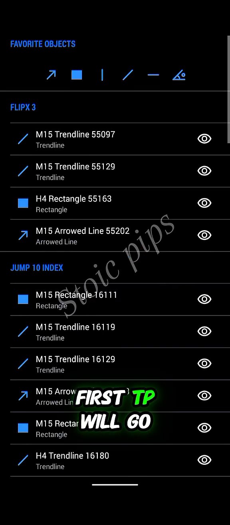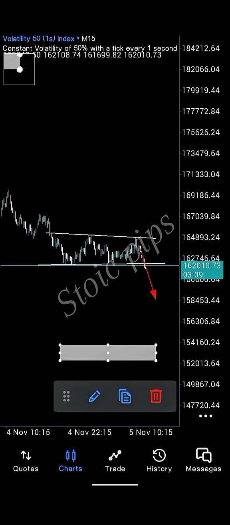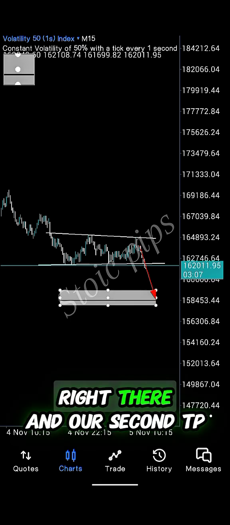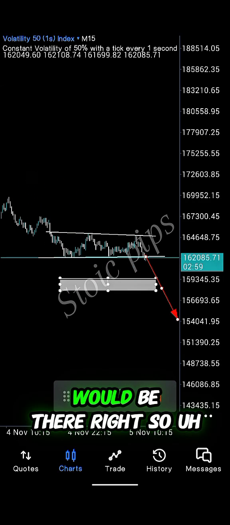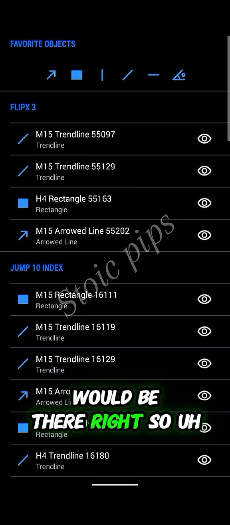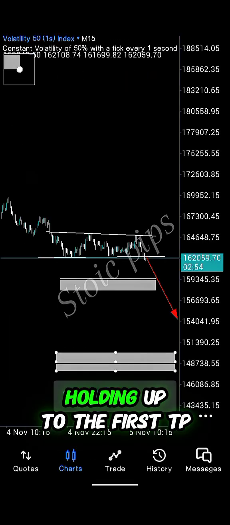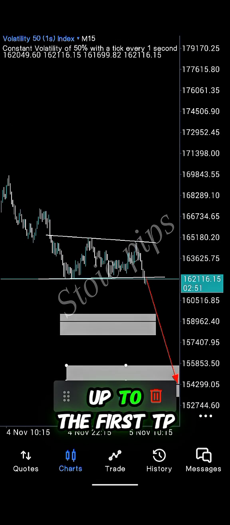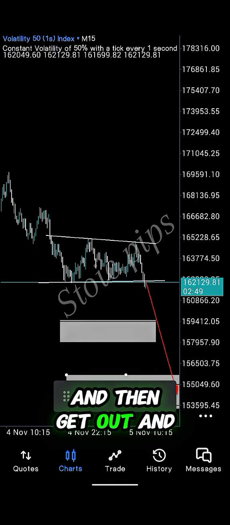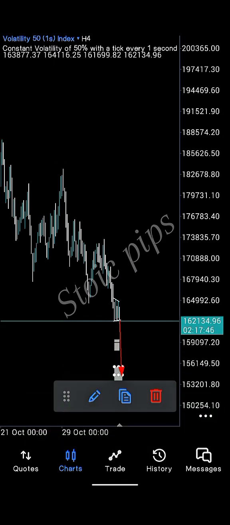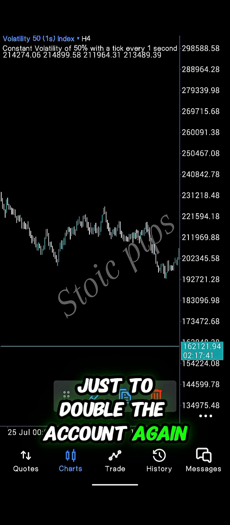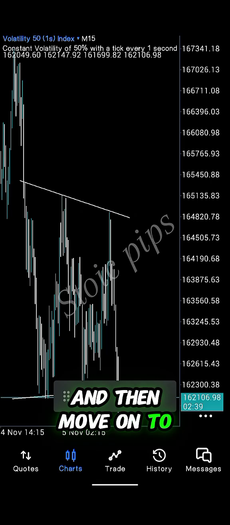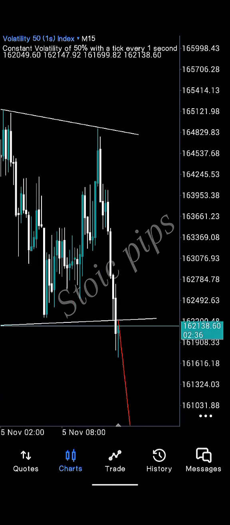Our first TP will go right there, and our second TP would be there. For this I'll be holding up to the first TP, and then get out and move on to another trade. Our target here is just to double the account again, and then move on to maybe the last trade.